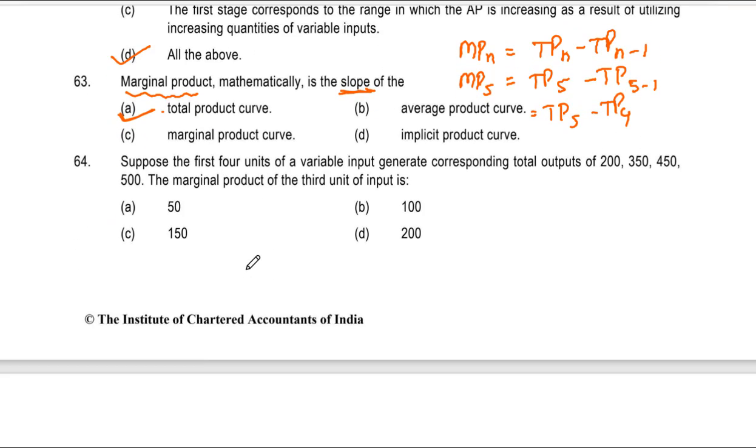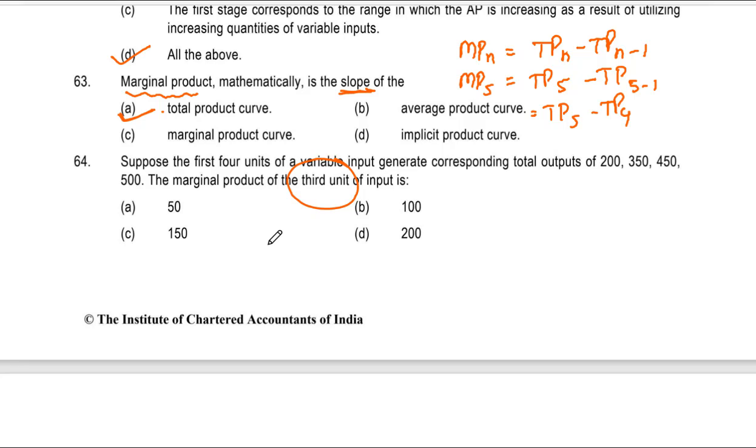Let us shift to question number 64 now. Suppose the first 4 units of variable input generate corresponding total output, that is 200, 350, 450, 500. The marginal product of the third unit of input is what?